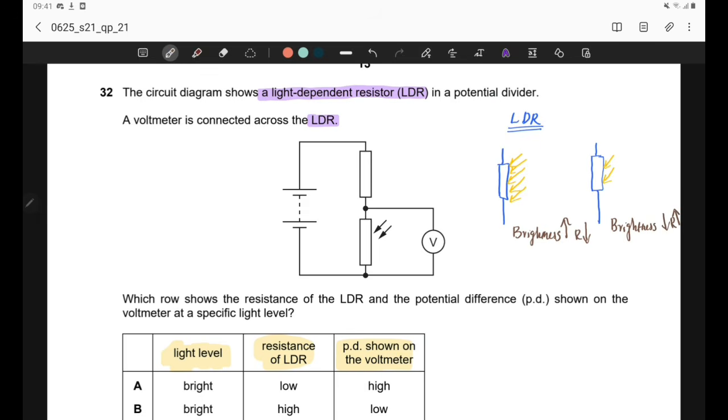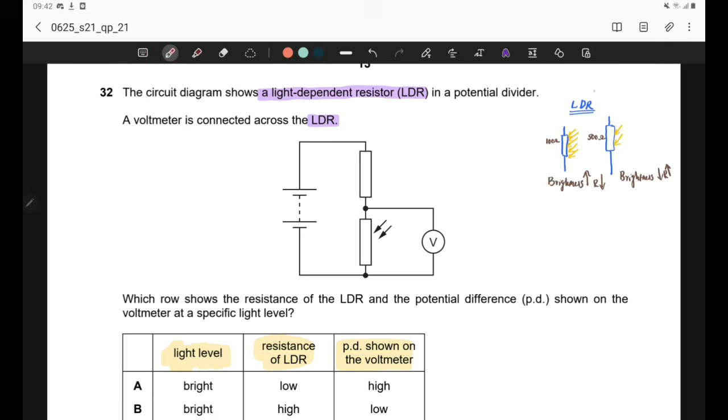This is the property of the LDR. For example, for this particular light intensity, if the resistance is 100 ohm, when the brightness of light falling on it reduces, the resistance will increase. So now we have the same LDR, but its resistance will increase. This is the property of the LDR you must know.